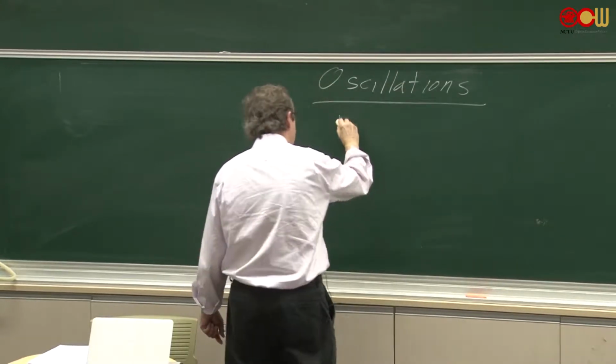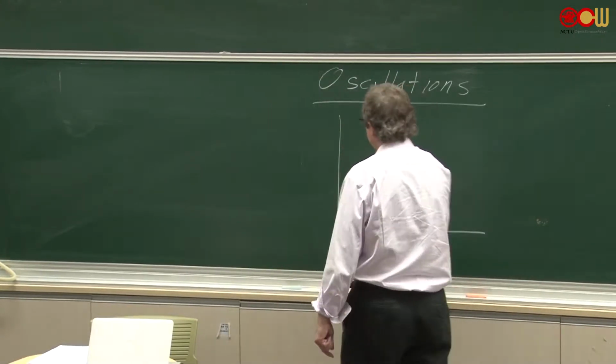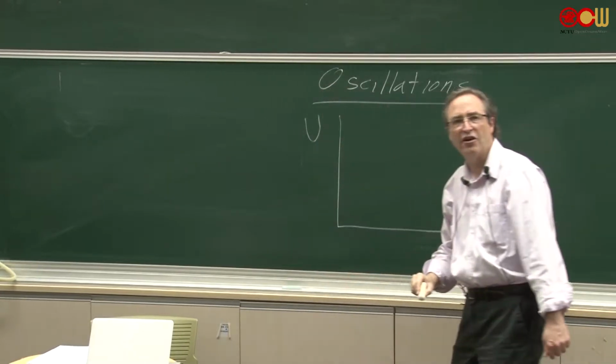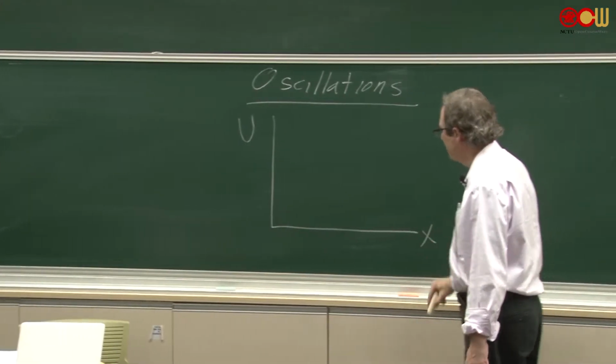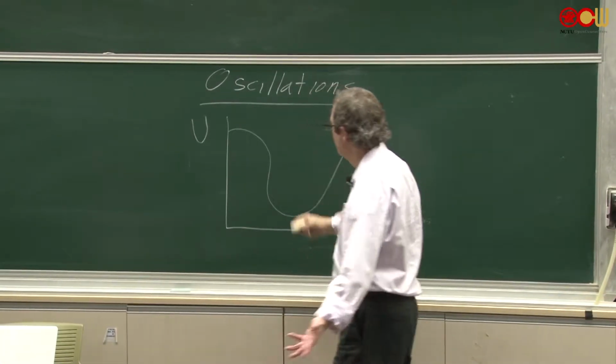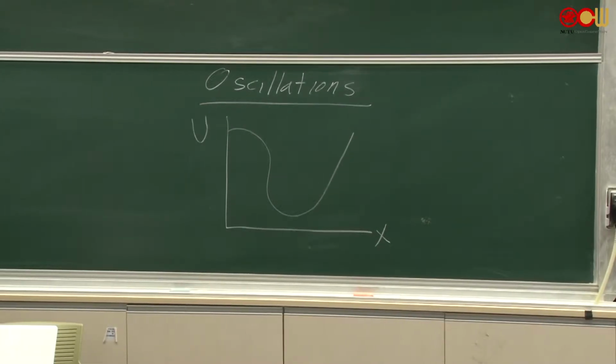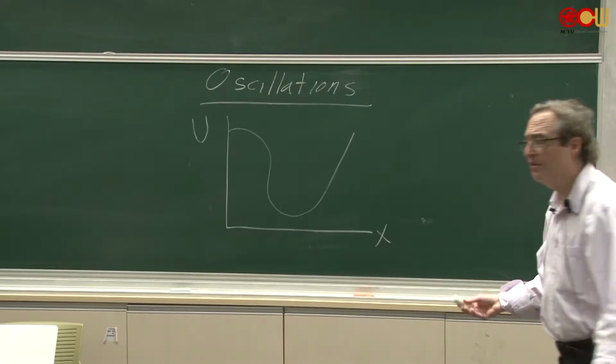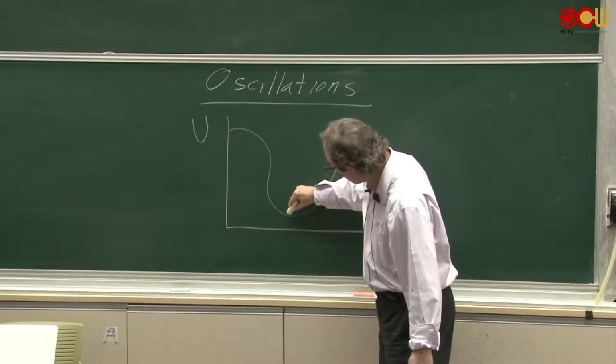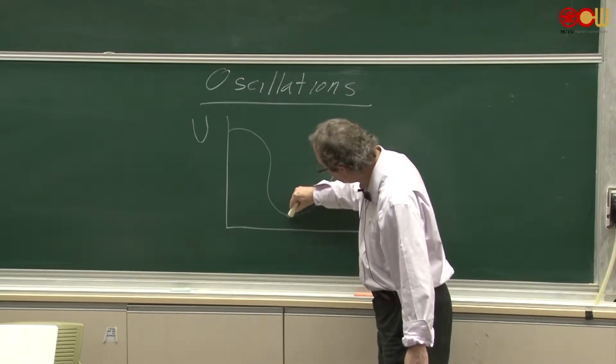oscillations. Imagine that I have a potential energy curve that looks something like this. I don't know, it could look like anything. You can draw any one you want. If you have a system like that, usually, due to friction and things like that, the particle will be down here.